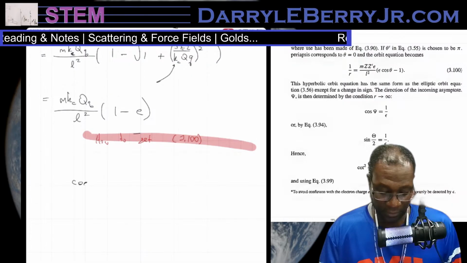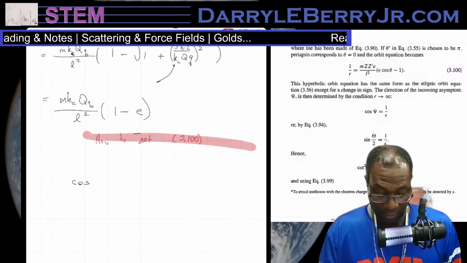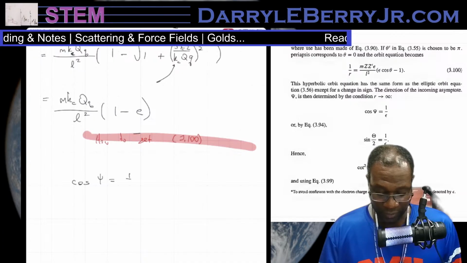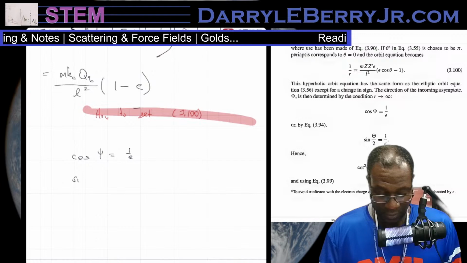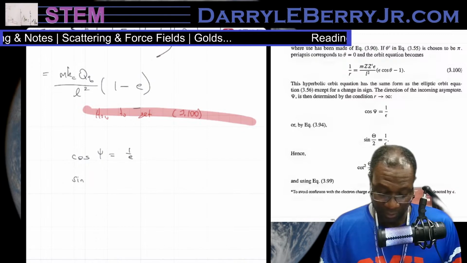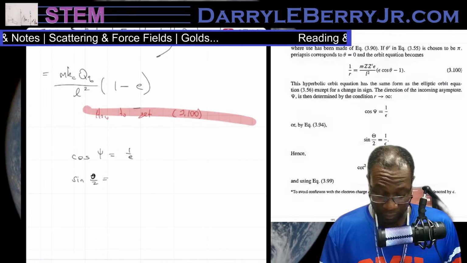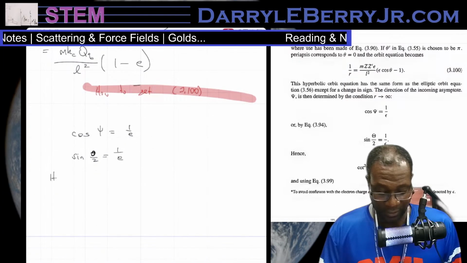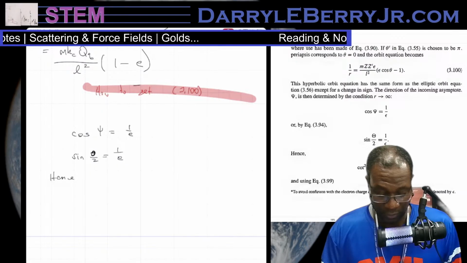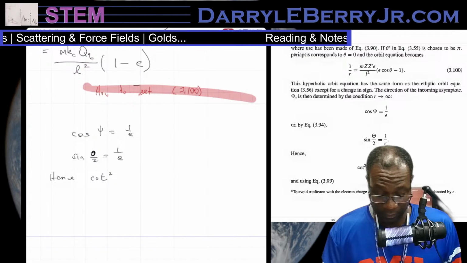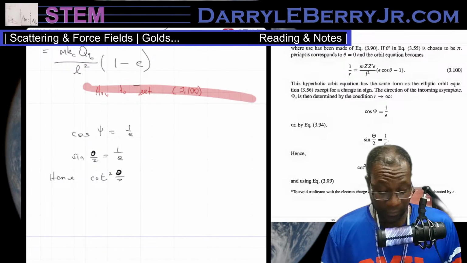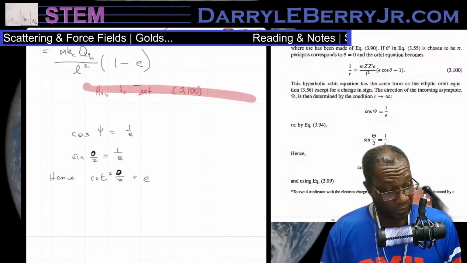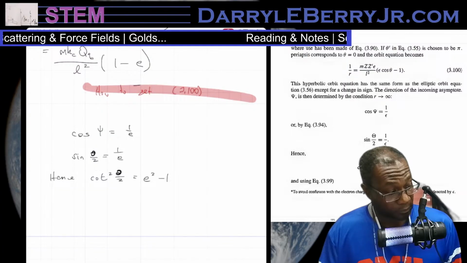So cosine psi equals 1 over e. Sine big theta over 2 equals 1 over e. Hence, cotangent squared big theta over 2 equals e squared minus 1.